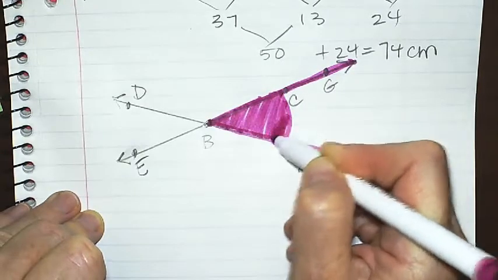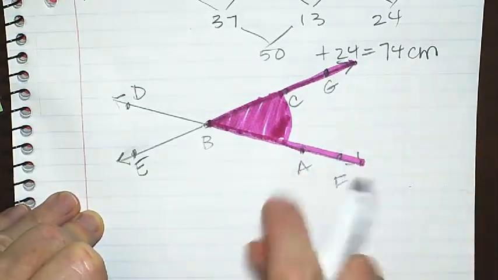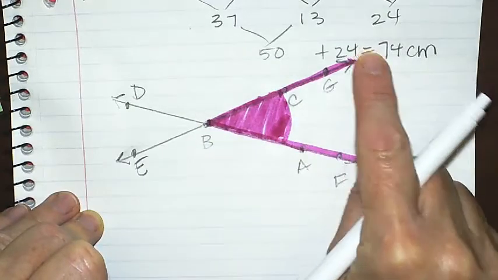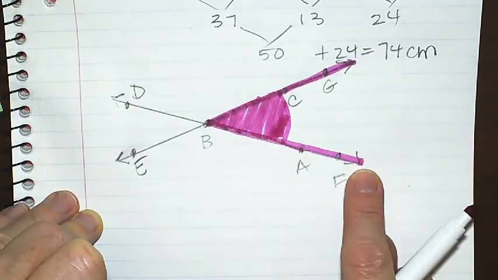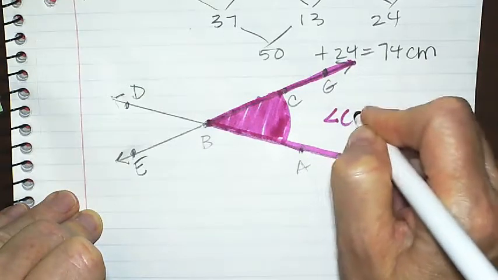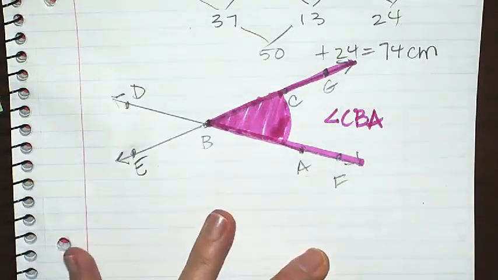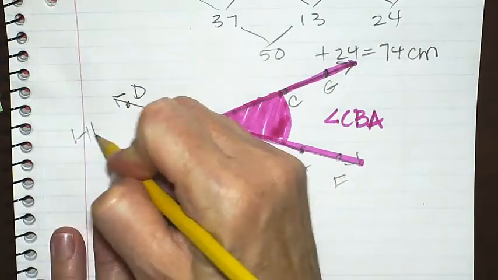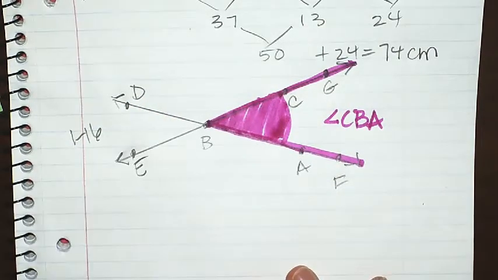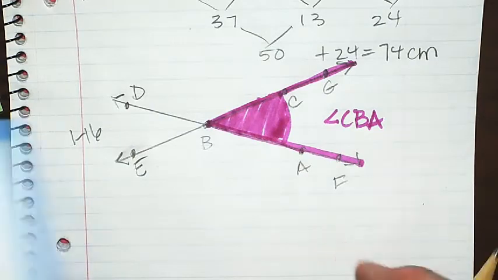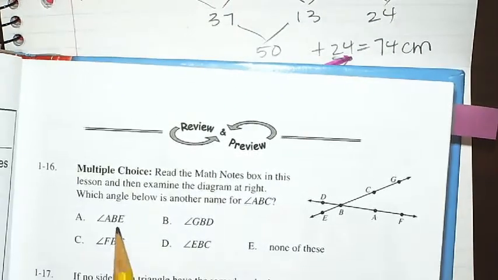So instead of angle ABC, I could go in this direction and say angle CBA. So for 1-16, you could say angle CBA, but if you look at these choices, I don't see CBA.